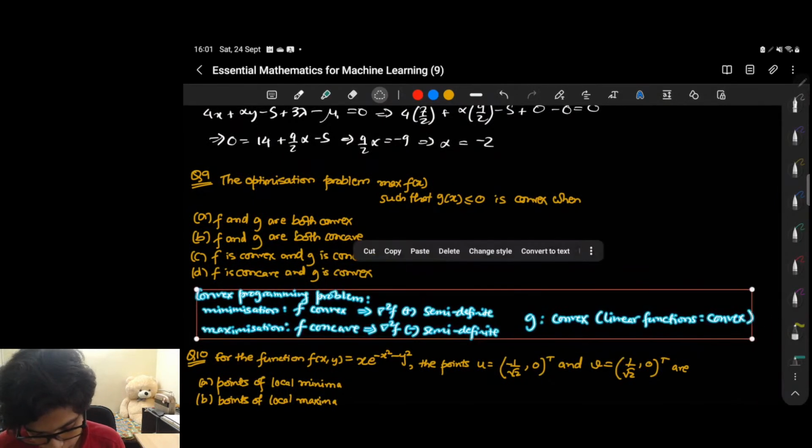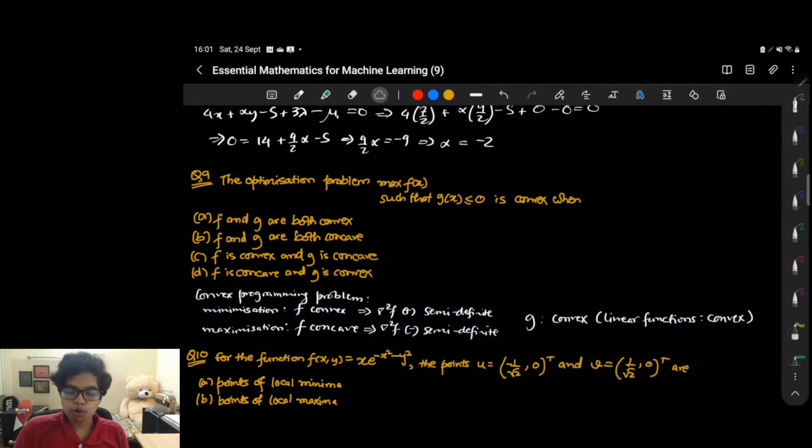For a convex programming problem, which is of minimization type, it is convex if f and g both are convex. And for a maximization type problem, it is convex when the function f is concave, whereas the constraint g is convex.